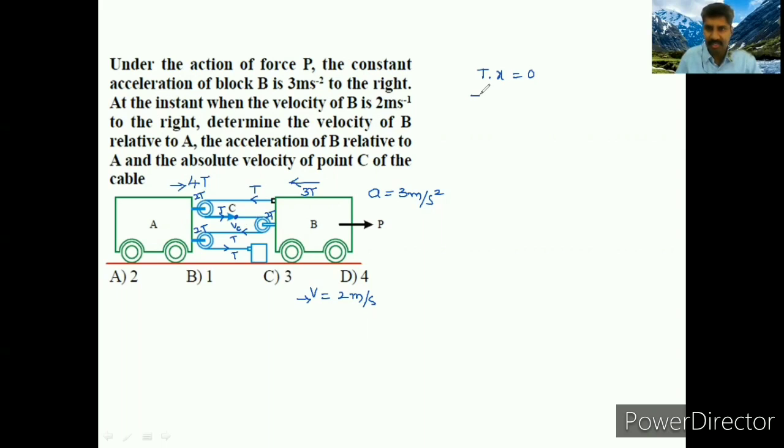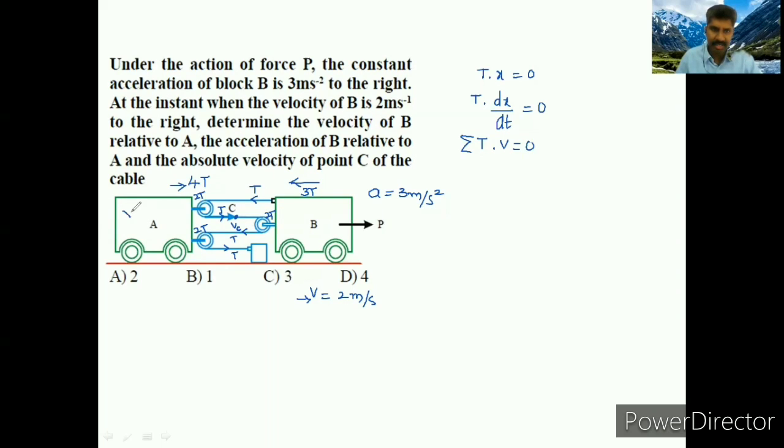Here I am differentiating: dx by dt, the rate of change of displacement, we can call velocity, so T dot v is equal to 0. For the entire system, the velocity of the complete system of two blocks, sigma T dot v is equal to 0.